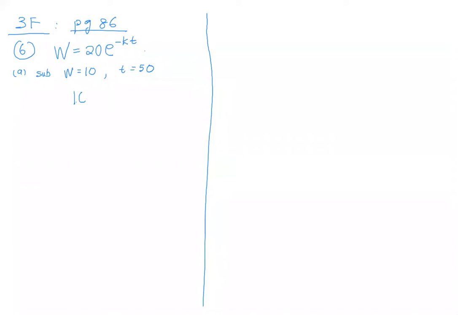So 10 equals 20 e to the power negative k times 50.